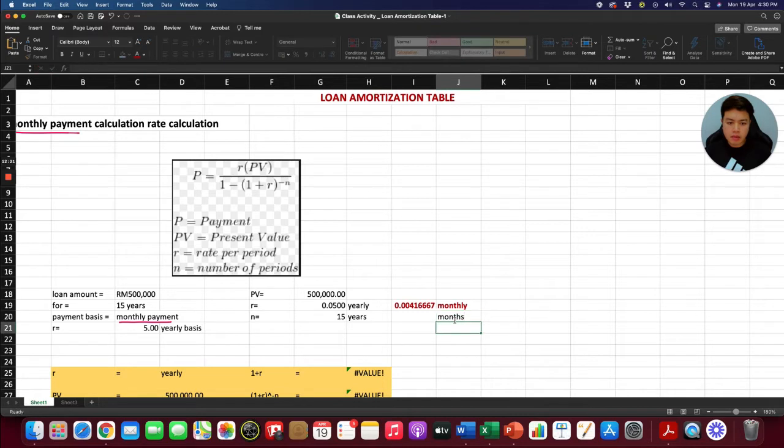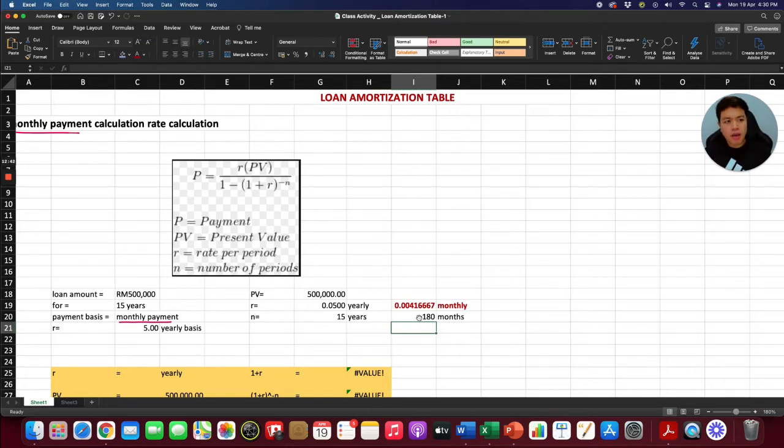Okay, because you want it to be in months. So how many months? Definitely in 1 year there are 12 months, right? So 15 years you times with 12 months. There you go. You get 180 months. So basically you will be making payment for 180 times.